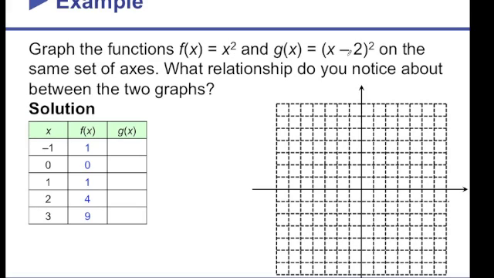Well, we've got this one ready to go. Negative 1, 1, 0, 0, 1, 1, 2, 4. We'll also do negative 2, 4, since we know this is our basic parabola shape.